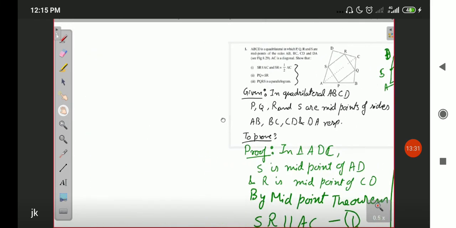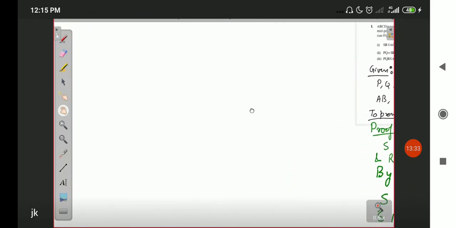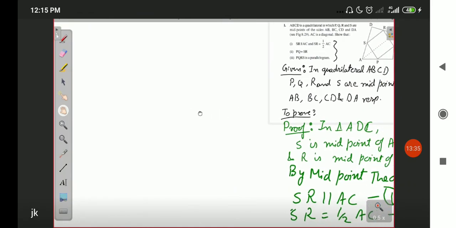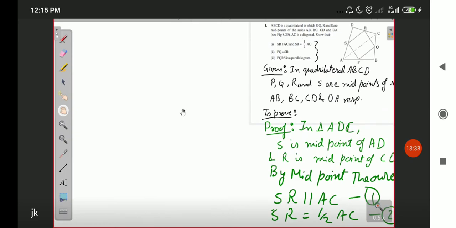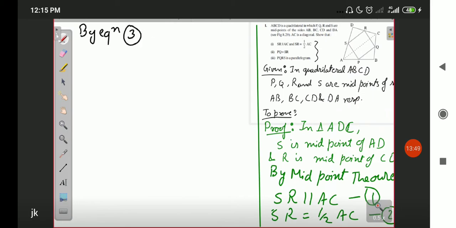So by equations 2 and 4, SR is equal to PQ, which is equal to half of AC.